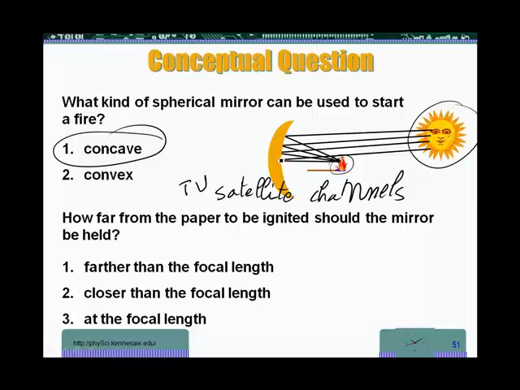Now, this distance has to be the focal length of the mirror, or the focus. Now, TV satellite channels is the same thing. We have the satellite far away, and we have our satellite dish acting as a mirror, and you'd like it to focus where you place your satellite detector there.